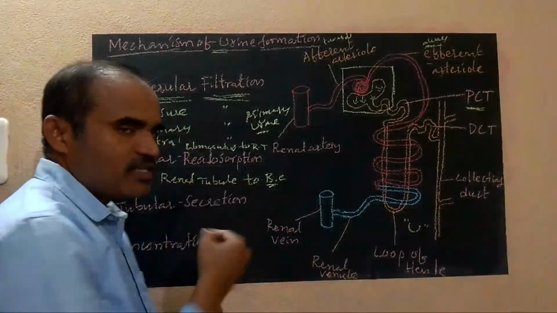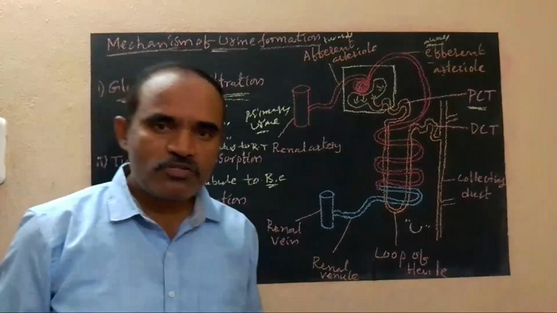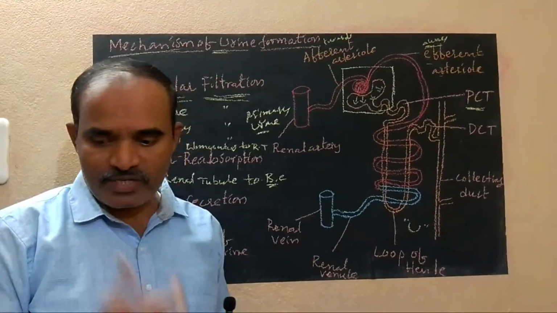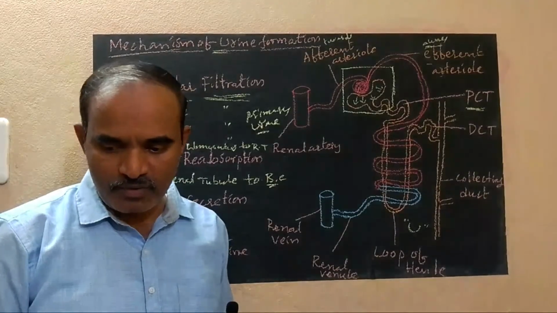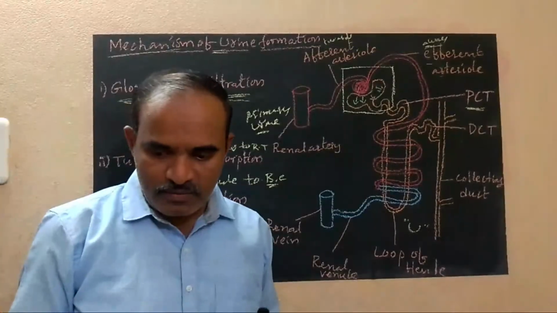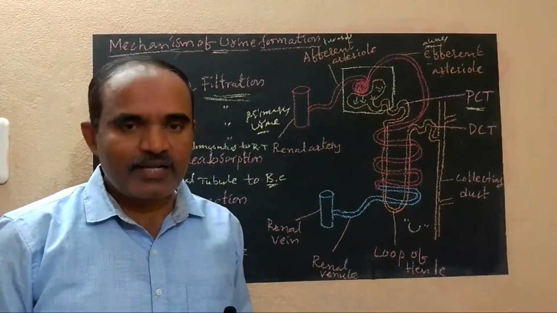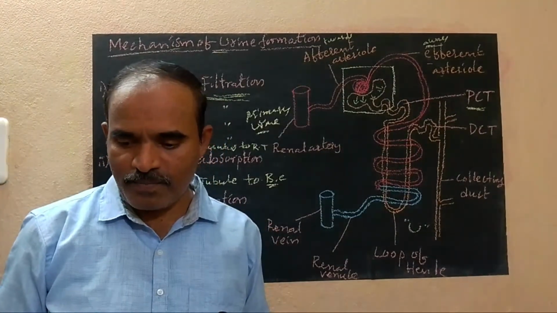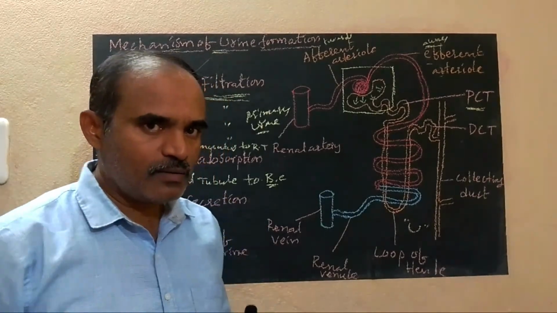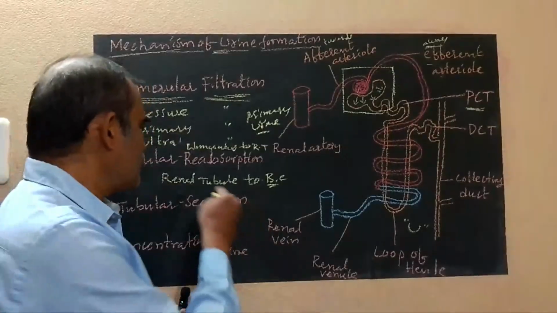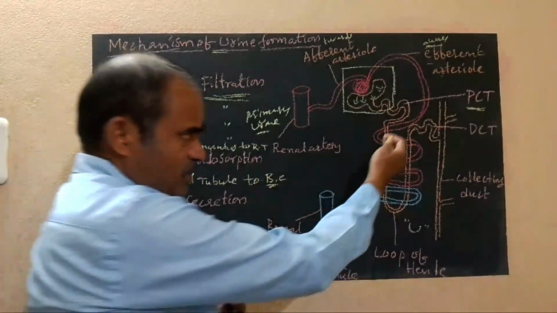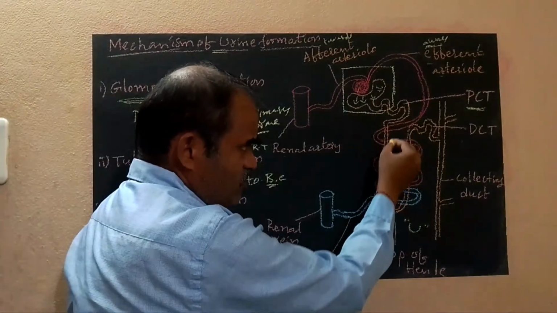So all the useful substances, like nutrients and vitamins, are absorbed by the network of peritubular capillaries which surround the renal tubule. They are saying hi sir in the comment section. If you have any doubts, you can ask me.